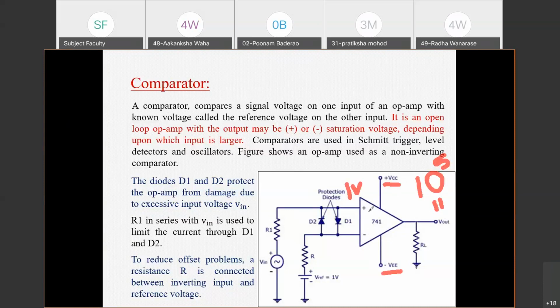When the positive terminal's voltage is higher, the output is a positive voltage, remember it like this. And when the voltage at the inverting terminal is greater than the voltage at the non-inverting terminal, then the output will become minus. Okay, very simple operation, the comparator, there is nothing hard in it.